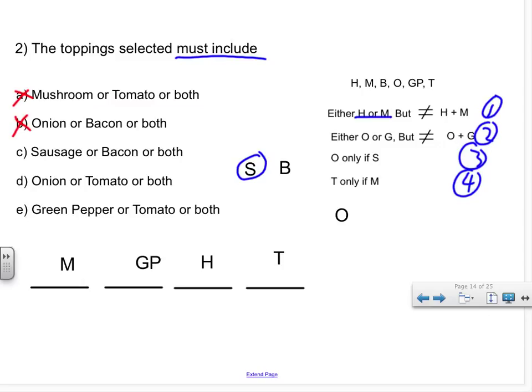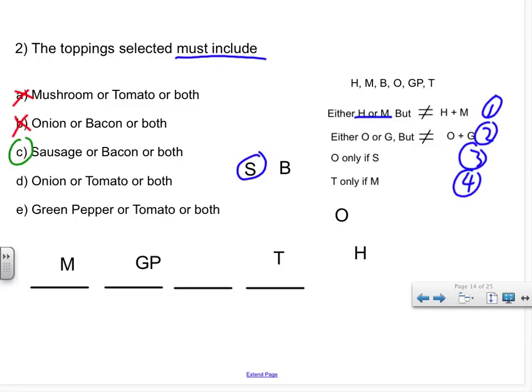Either H or M, but it can't be both. So I can already tell that C is the correct answer because I have to have sausage or bacon in order to not break any of the conditions. So C is our correct response.